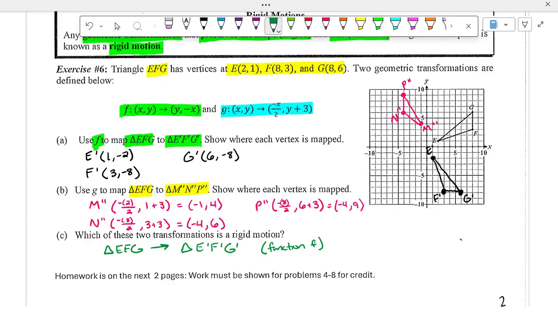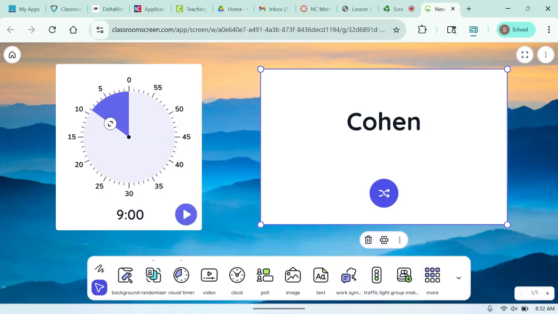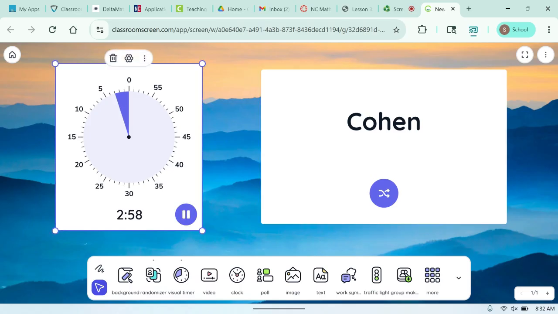When we come back, we're going to do the next lesson, which is translations. It's about the same as this. It's actually pretty quick. I'm going to set the timer for 3 minutes. When the timer goes off, we will start back up. You need to be back in this room if you use the restroom by the time this timer goes off.